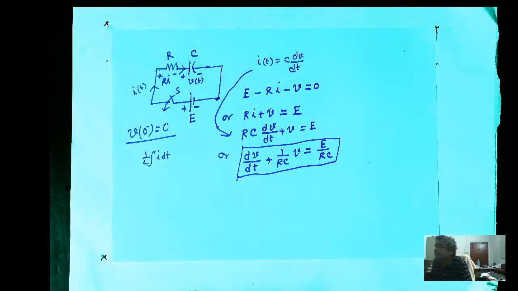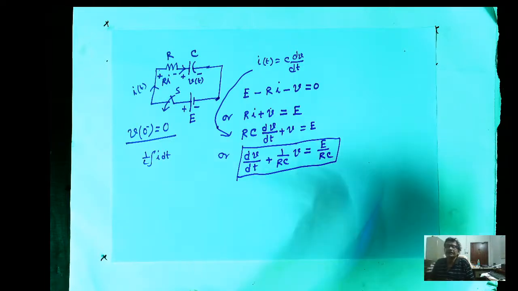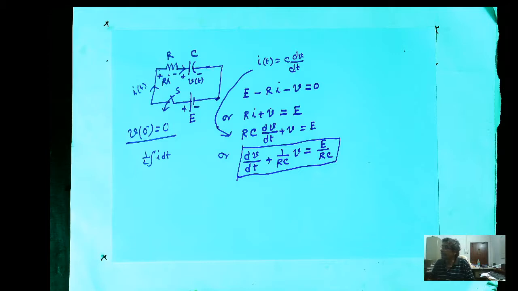So in a circuit, in whichever branch a capacitor is present, assume the voltage across the plate of the capacitor and then tell the current through that branch is C dV/dt. Then it will lead to a differential equation only. R and C are of course constant.